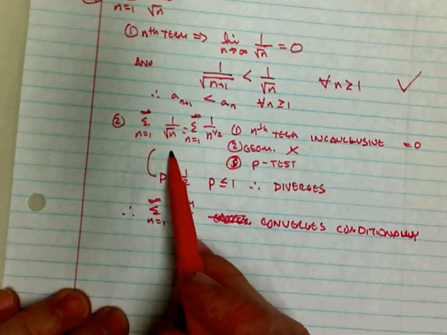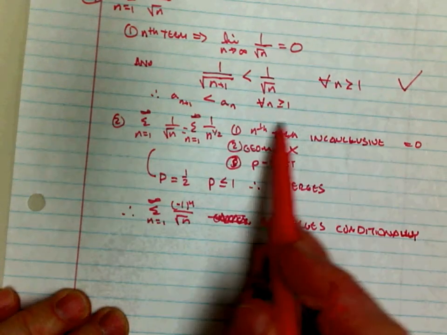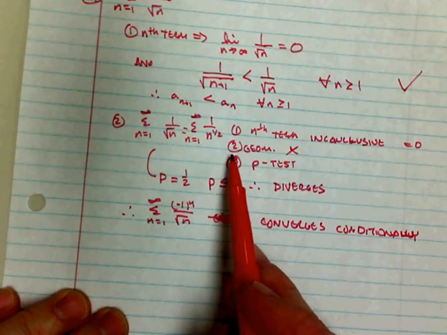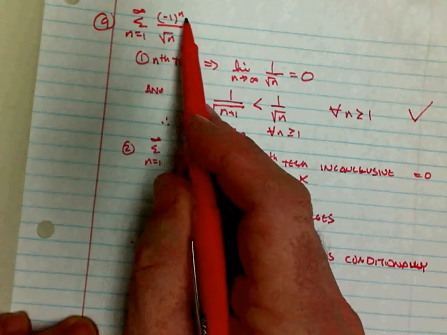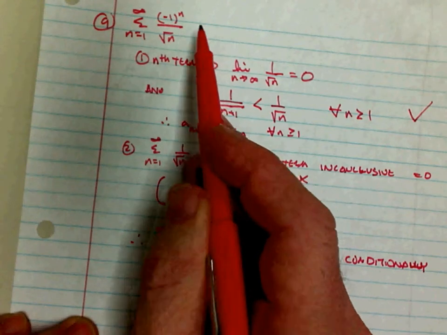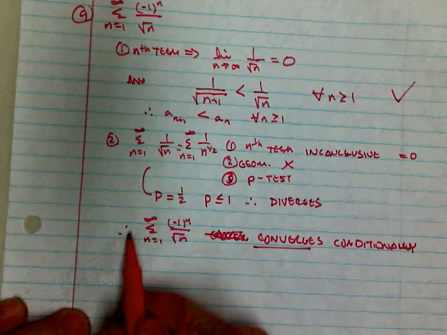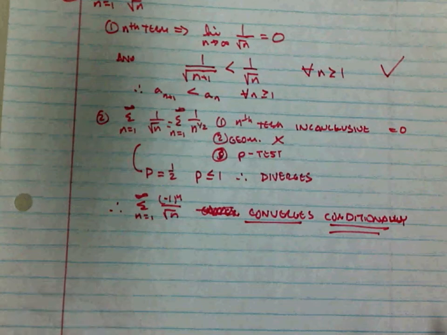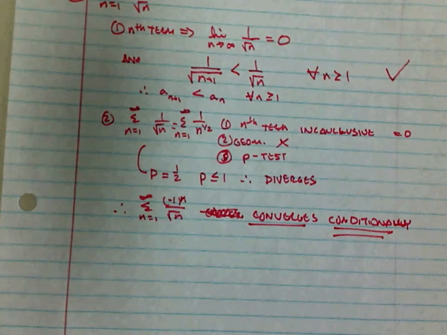This time, the alternating series converges, the positive series does not, which means the only way this thing, 1 over the square root of n, will converge is if each term alternates between positive and negative. Therefore, we say that the series converges conditionally. It's conditional on this alternating part of each term.